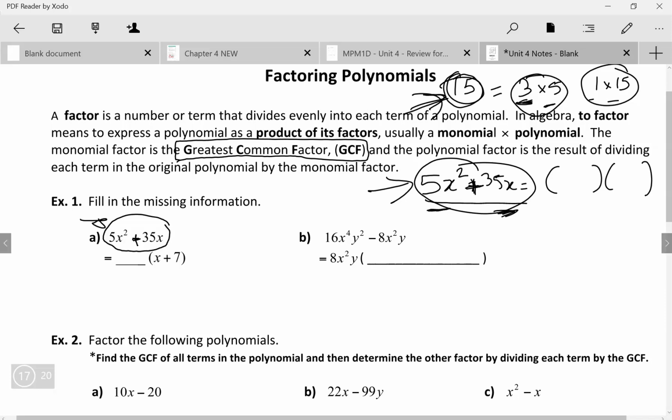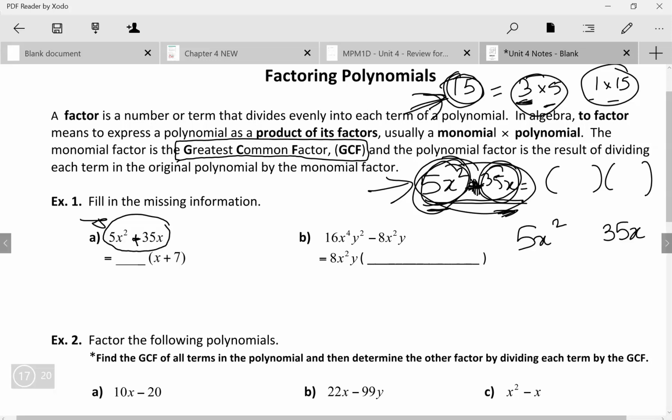That's the definition: if it's separated by a plus or minus sign, it's a term. So this is a term, this is a term, and the entire thing together is an expression. We want to find the greatest common factor of 5x squared and 35x.